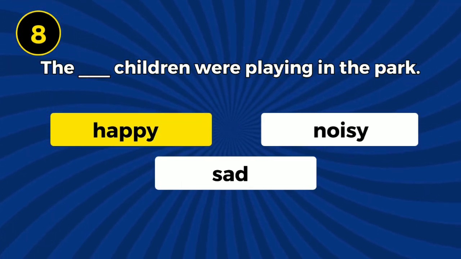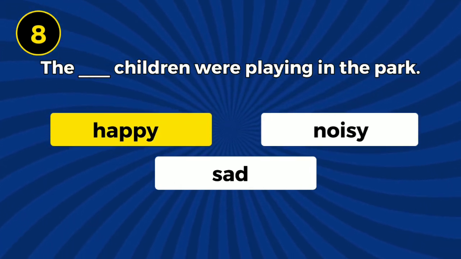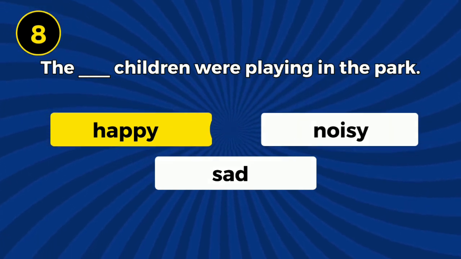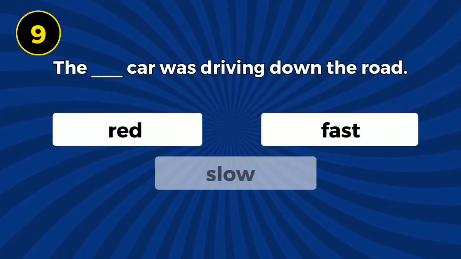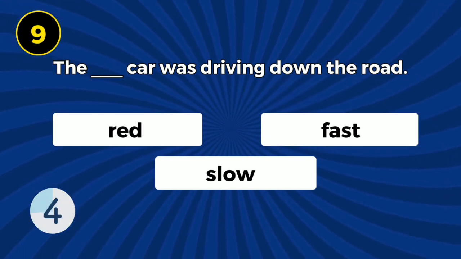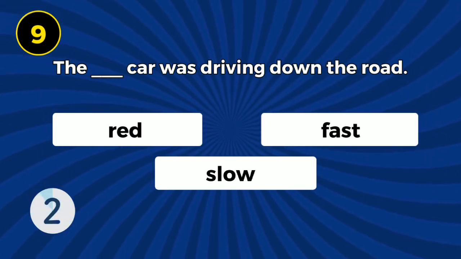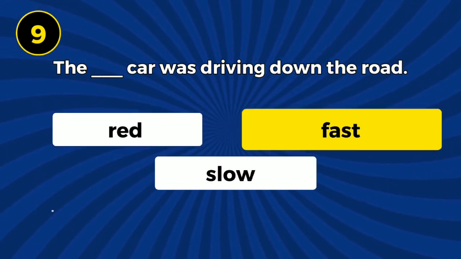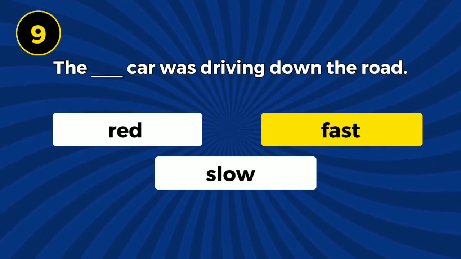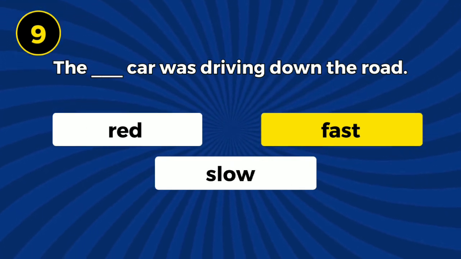The happy children were playing in the park. The fast car was driving down the road.